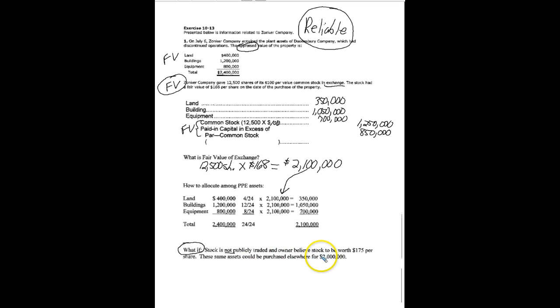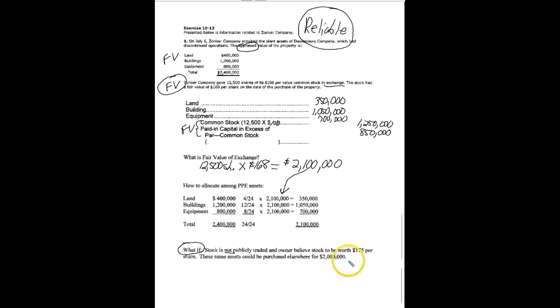The owner believes the stock to be worth $175 instead of $168. These same assets could be purchased somewhere else. Let your imagination go with it. Let's say somebody else is offering us three similar assets for $2 million.